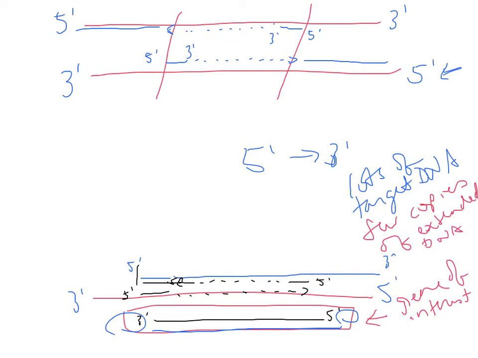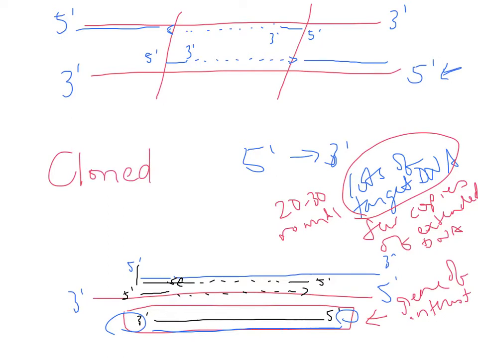And after only about 20 to 30 rounds of PCR, which is very typical, you get an overwhelming number of copies of that target DNA, millions of copies. And so that gene has been cloned.